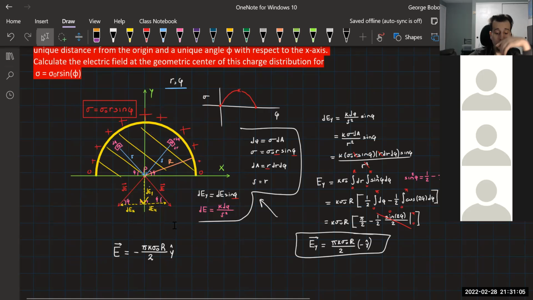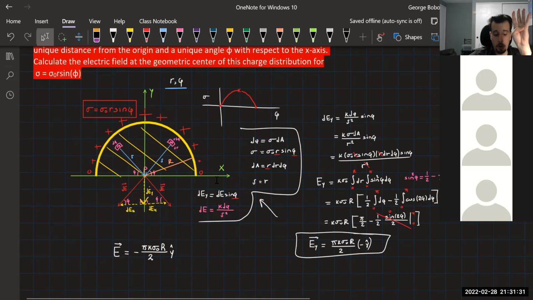If you have symmetry, then find out what survives. Here it's the dE_y. How is it related to dE? You see how we found it here? So I guess that's step number 3. If you have symmetry, how is the remaining component related to the original dE?